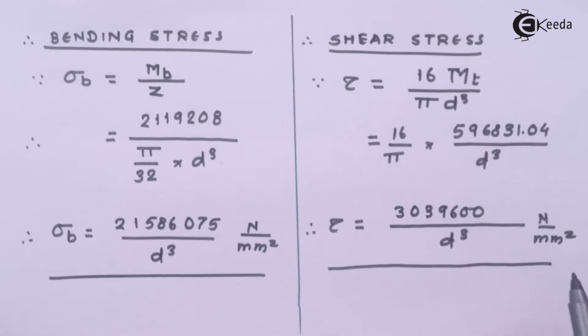This also is in terms of D cube. So basically the unknown factor we have kept as it is, which we are going to substitute in the subsequent equations.